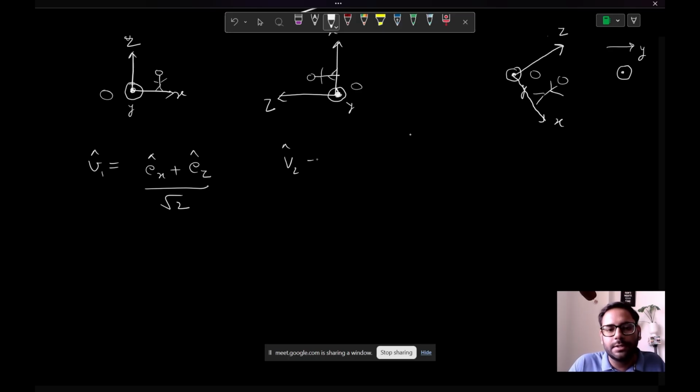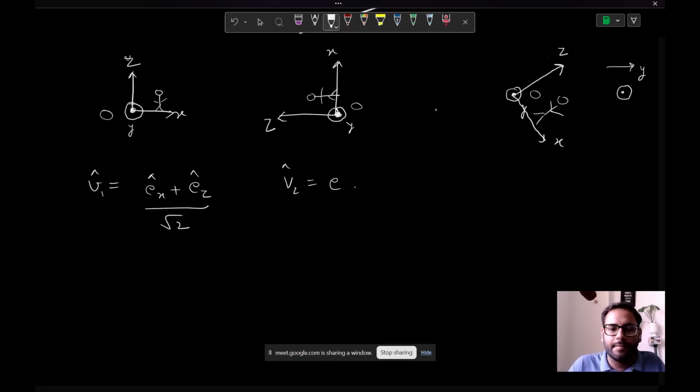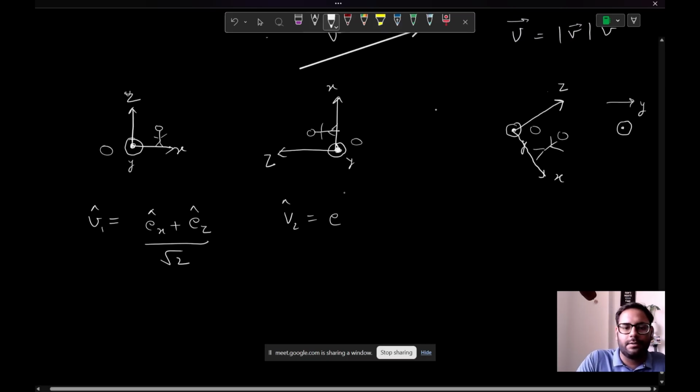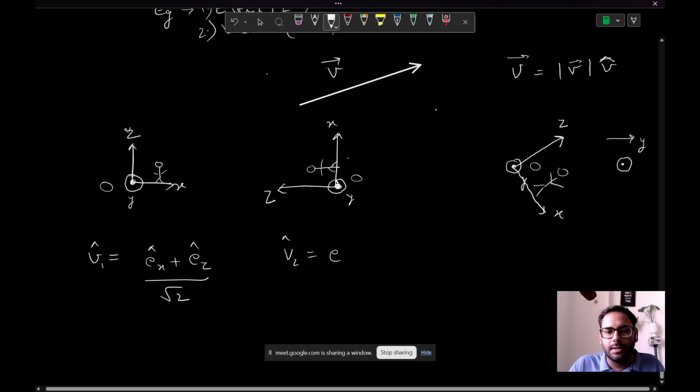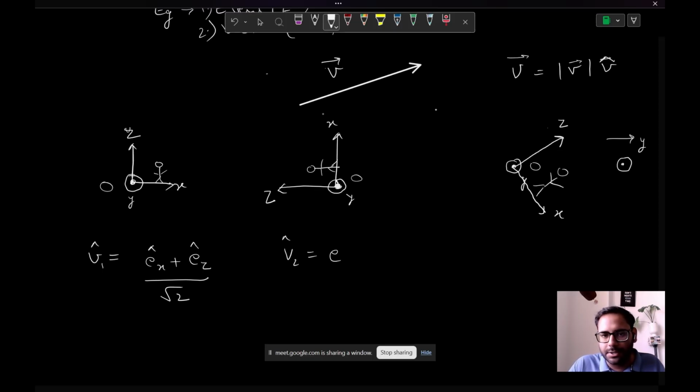The second representation is, what will it be? Tell me, how will this vector look in this frame? How will this person define this geometric object? This person has defined it based on these coordinate axes.